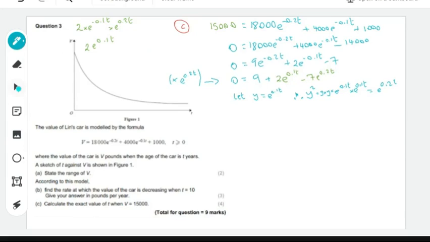So we can now make the substitutions to say 0 equals 9 plus 2y minus 7y squared. Can we solve that quadratic?